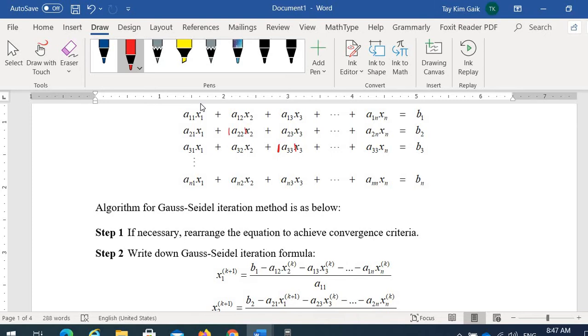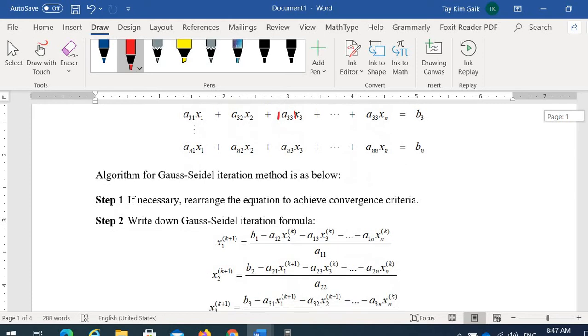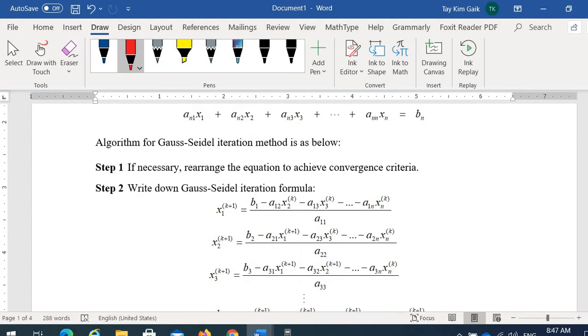Similarly for x2, the other variables you bring to the right hand side and then divide by the coefficient a22. Why do we have k plus 1 and k? Don't worry. First of all, you have b2 minus a21 x1 minus a23 x3 minus a2n xn divided by a22.